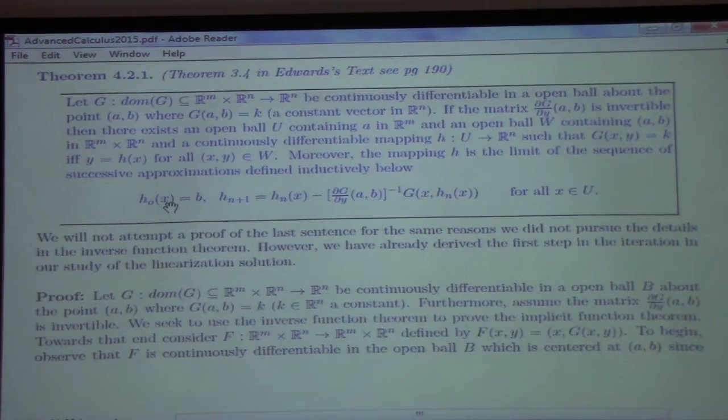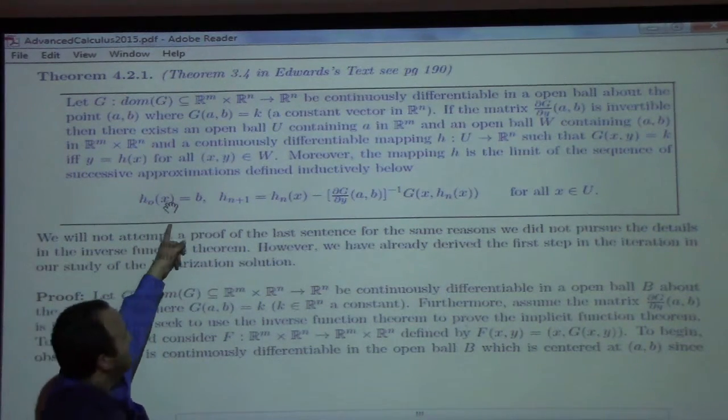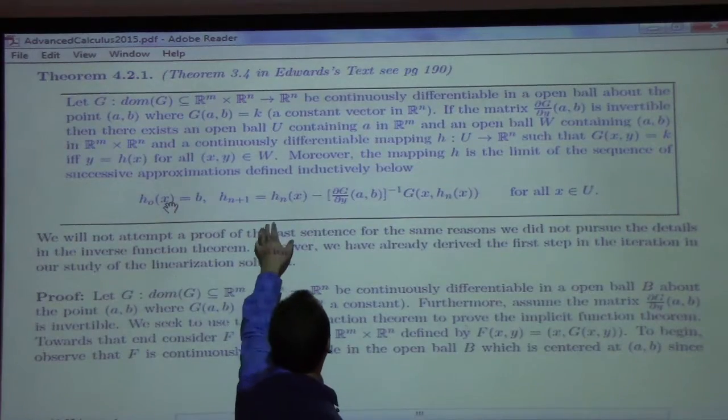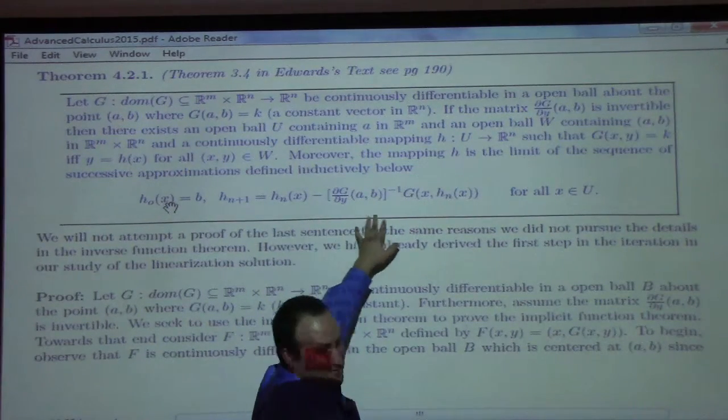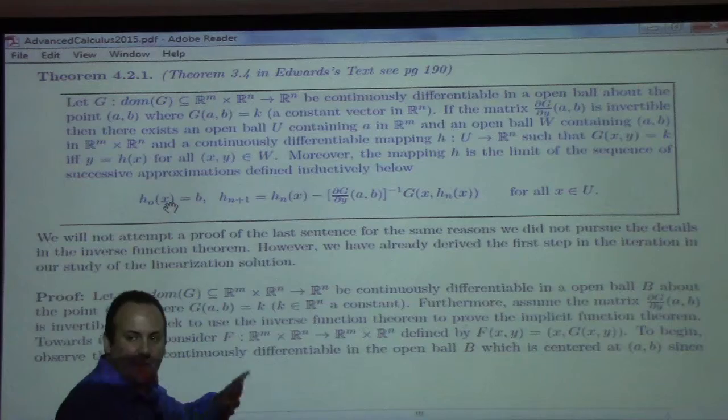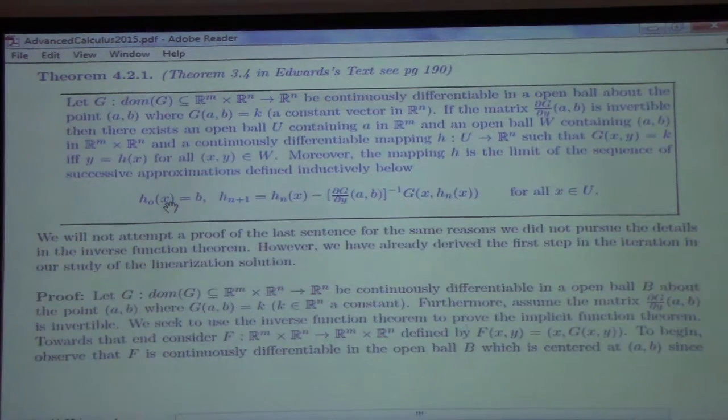Then we can find some differentiable mapping h from U to Rn, such that if we plug in y equals h(x), we get g(x, h(x)) equals k for all x and y close enough to the solution that we're given. And moreover, the mapping h is the limit of a sequence of successive approximations. This is a modified Newton's method. I'll probably talk about this another day when the time is right.